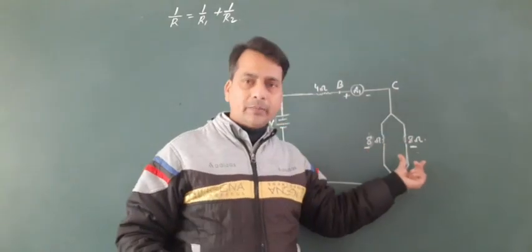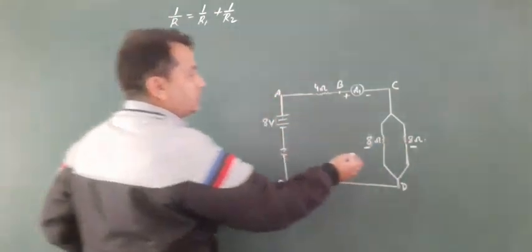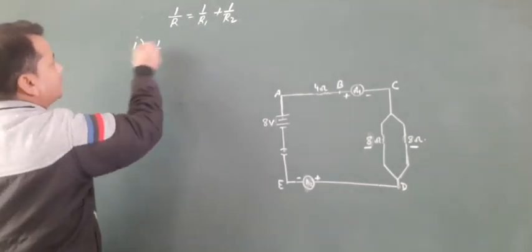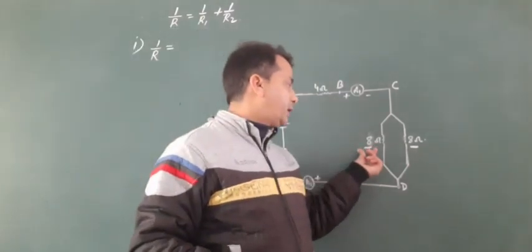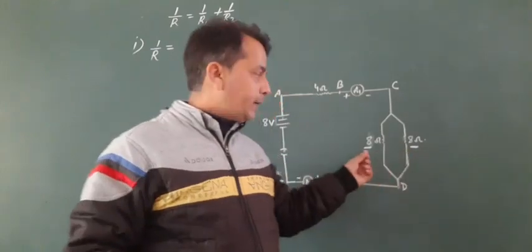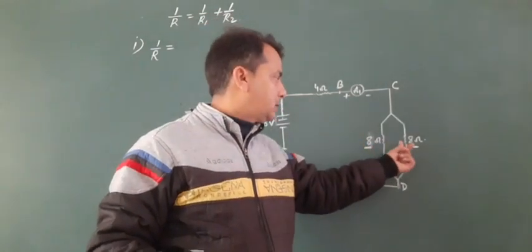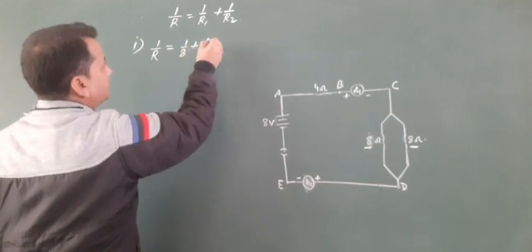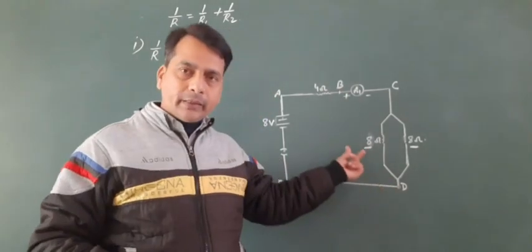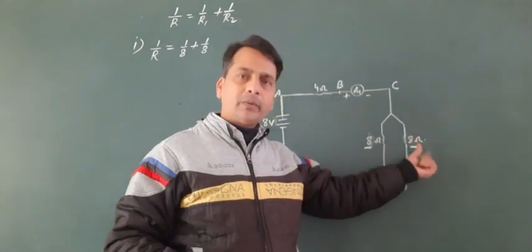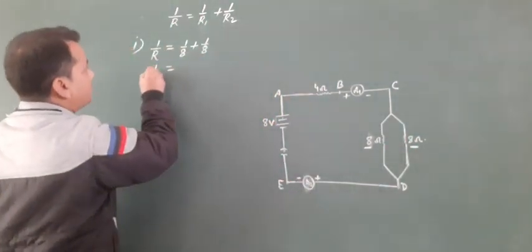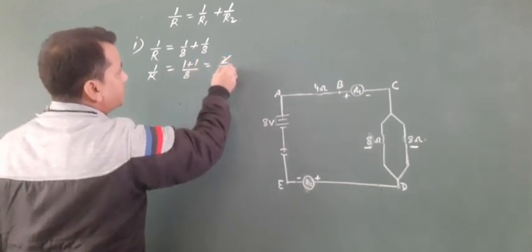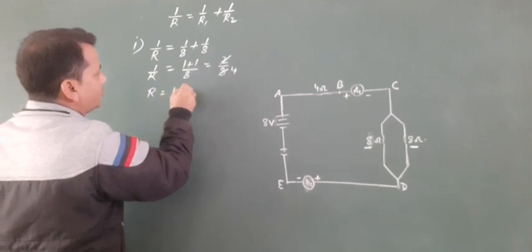Here the 8 ohms resistors are used in the parallel combination, so we can calculate according to the formula of the parallel combination. 1 by R equals 1 by 8 plus 1 by 8, the sum of the reciprocals of the 8 ohm resistors. Simplifying, 1 by R equals 2 by 8, that is 1 by 4, then R equals 4 ohms.